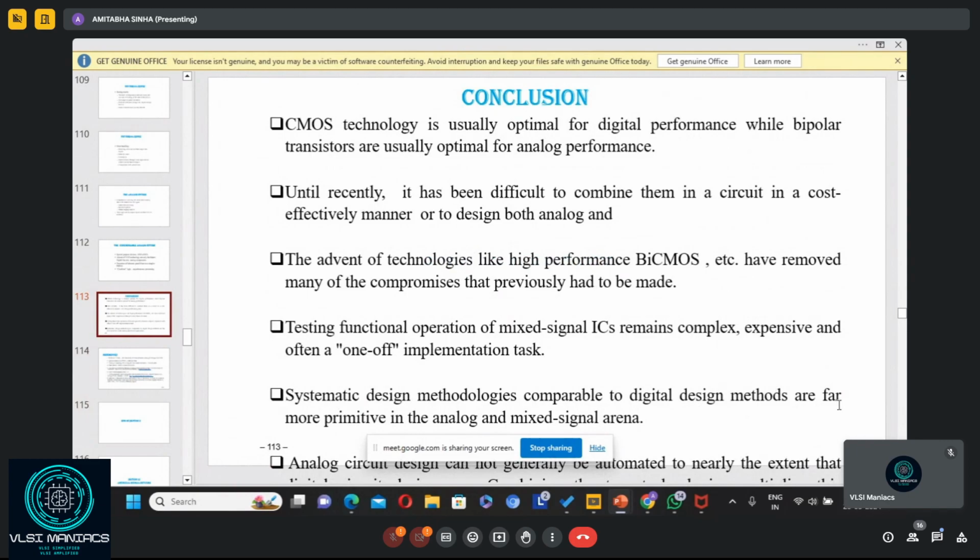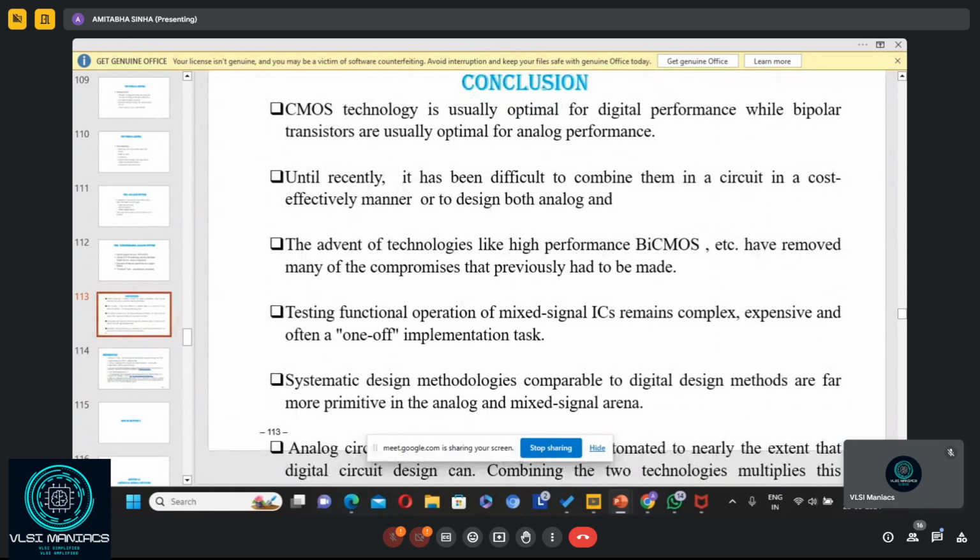And for digital circuit designs, a lot of automated tools are available, like design automation tools. Analog also has them, but they are not as matured as digital.